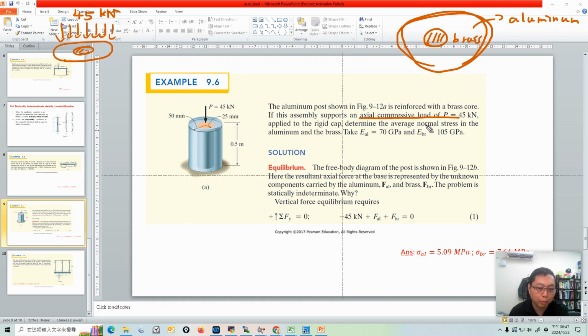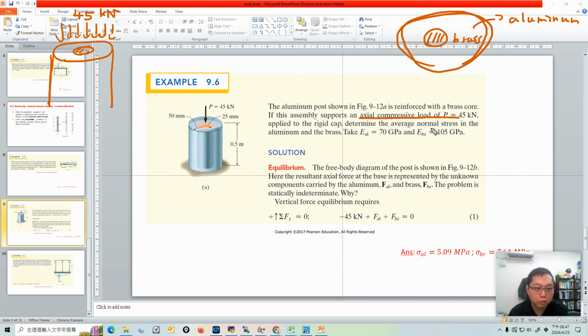No, the problem means it applies the 45 kilonewtons on the coaxial bar, in an average distribution.